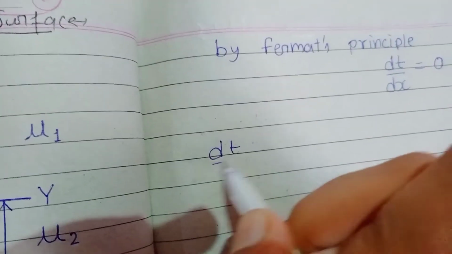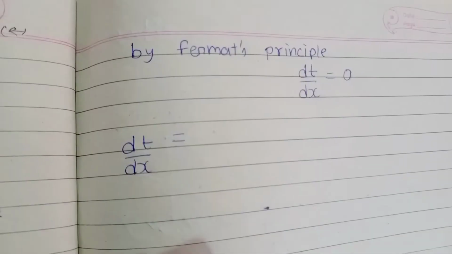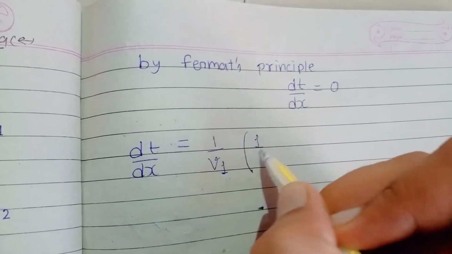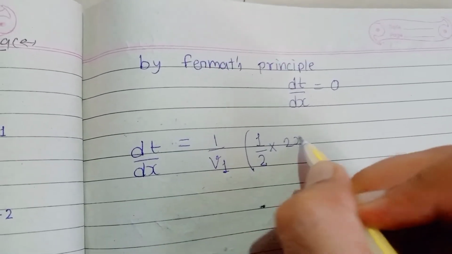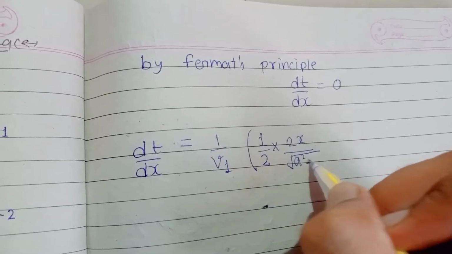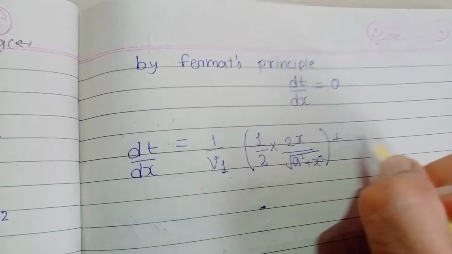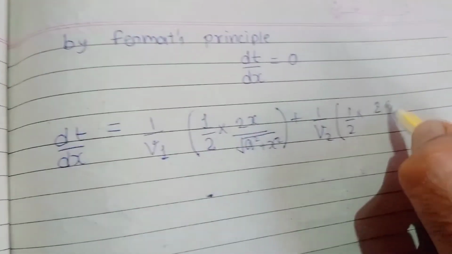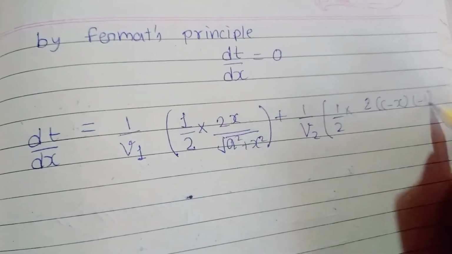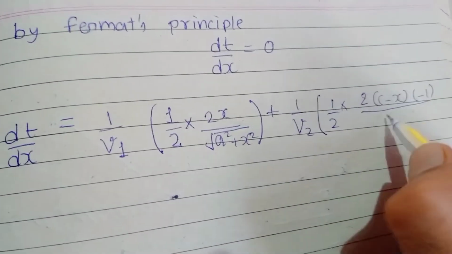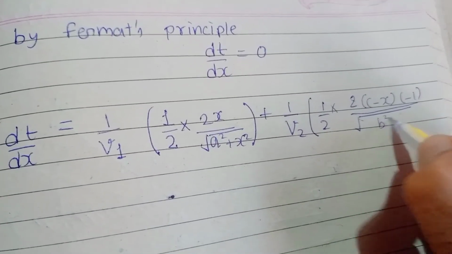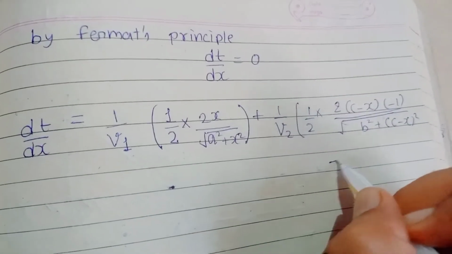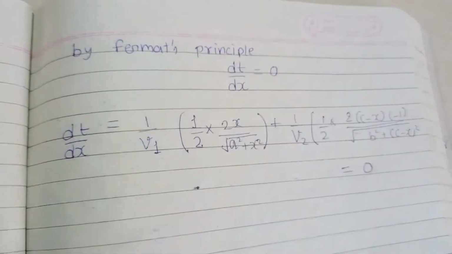So dt by dx, after differentiation, will look like 1 by v1 into 1 by 2 into 2x upon under root a square plus x square, plus 1 upon v2 into 1 upon 2 into 2 into c minus x into minus 1 upon under root b square plus c minus x whole square, and we can put it equal to 0 because dt by dx is equal to 0.